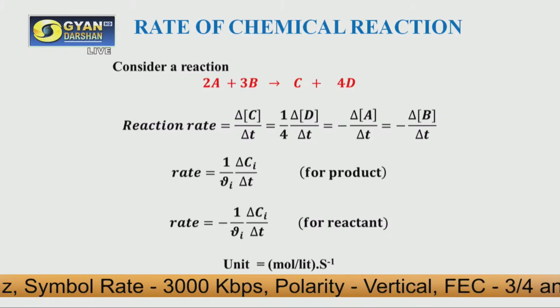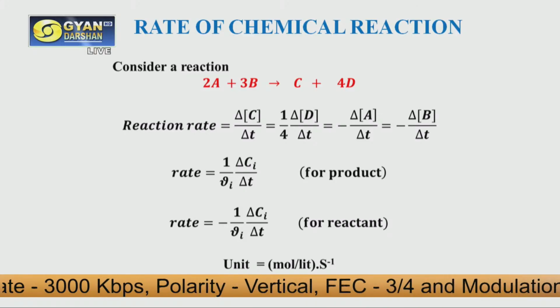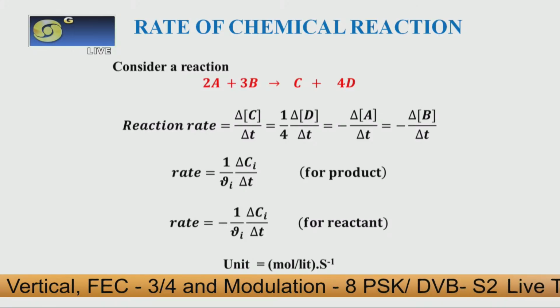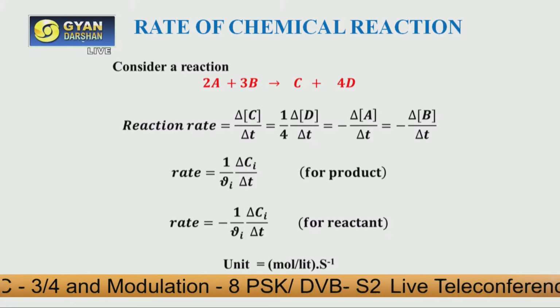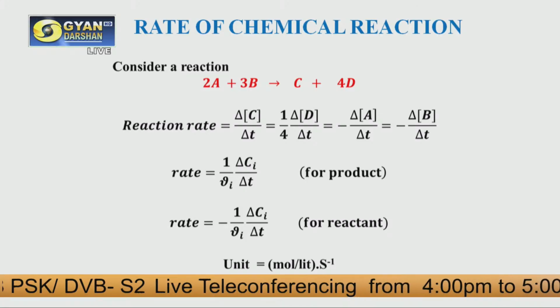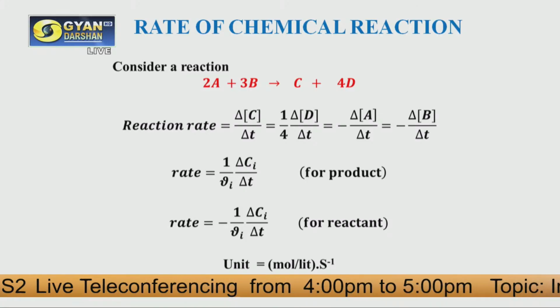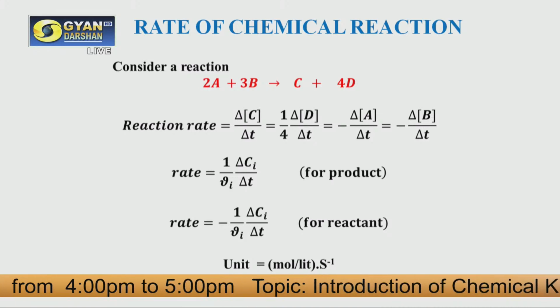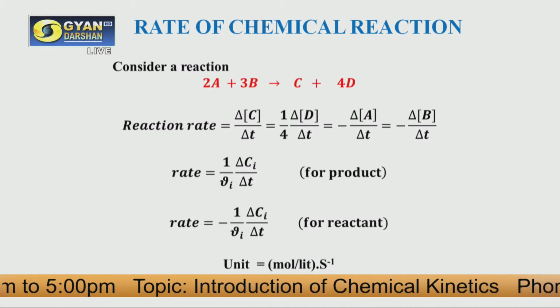Simply, if we want to write in the product form with respect to C, then at time t1 and time t2 we monitor the concentration of product C, take the difference of this concentration and divide by time, and we get the reaction rate.